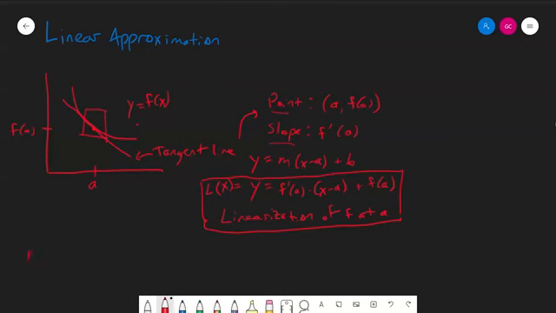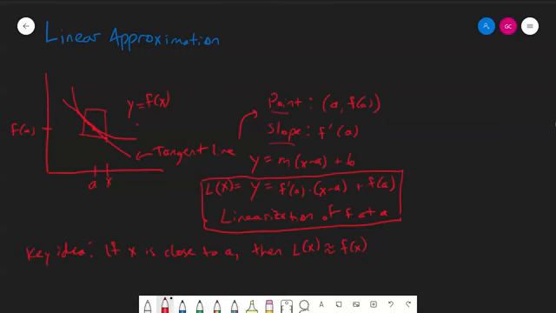But really the key idea is that if x is close to a, in other words, if I pick another point here, say x, that is a little ways away from the original point that I picked, then plugging x into the tangent line gets you something that is pretty close to plugging x into the actual function. Right? This is what we did in the last example.